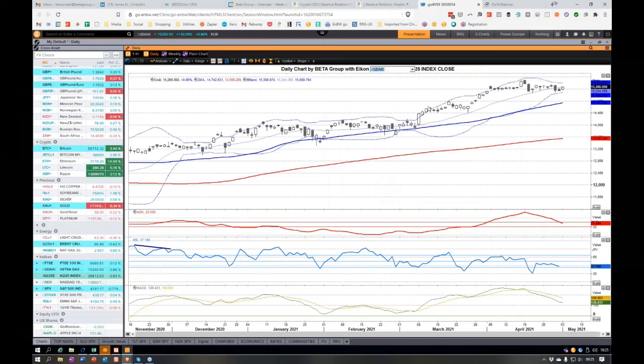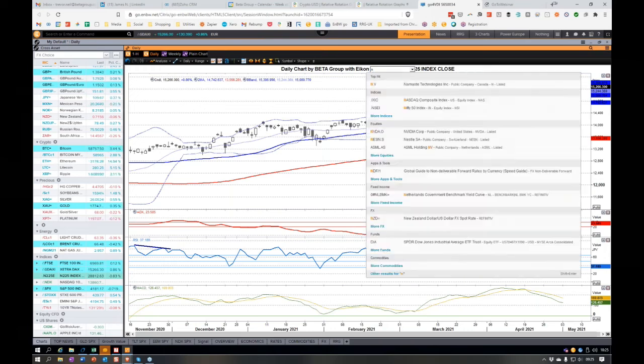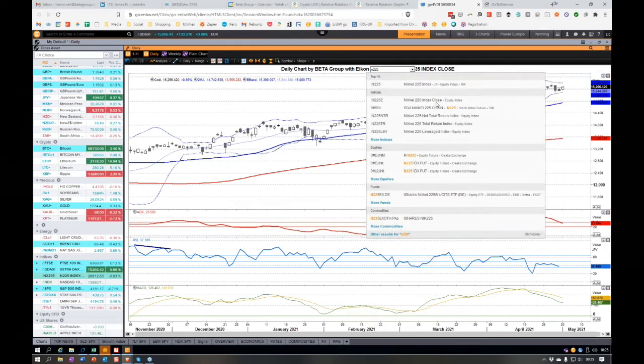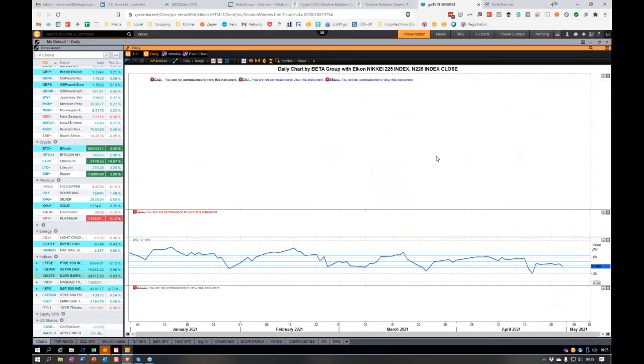But at the moment, let me just change this back, otherwise all the other charts will be messed up. On the daily chart here, we've gone flat on this, and that's why it's looking so strange.